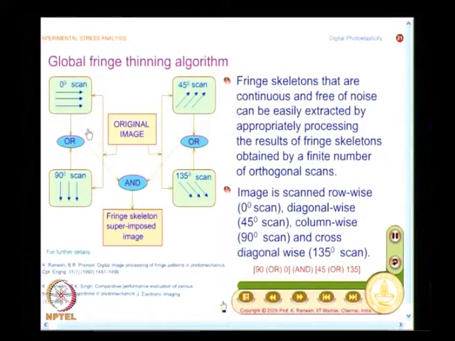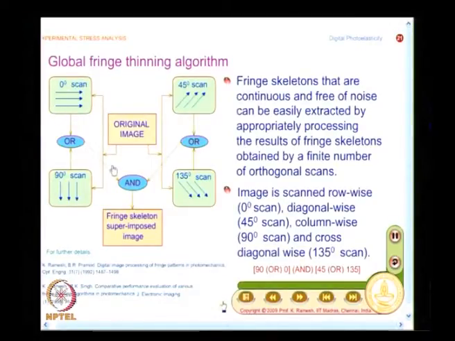And what we found fortunately was when you do the other orthogonal scans, 45 degree scan and 135 degree scan, and do the OR operation, you get the complete fringe skeleton with noise, but the noise you get in this orthogonal set is different from what you get in this set.